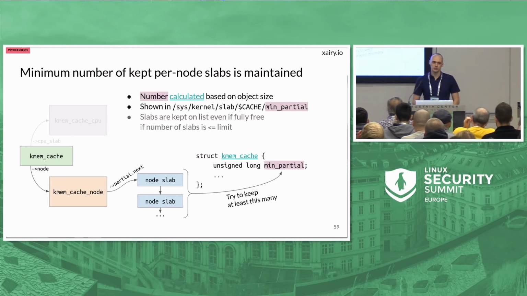So even if the slabs get fully free, even if there are no allocated object slots, normally the SLUB allocator would want to free those slabs back to the page allocator because it doesn't need that memory anymore. But for per node slabs, they're an exception. So if we don't have yet min_partial slabs on the list, then even if you have empty slabs here on the per node list, the SLUB allocator is just going to keep them around.